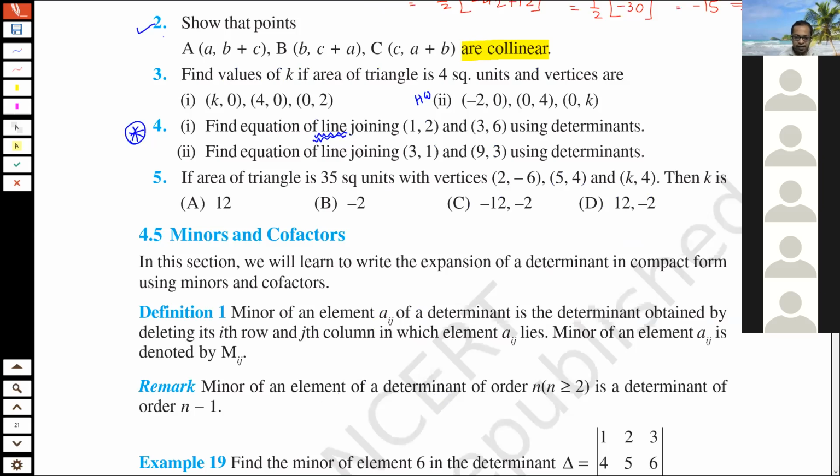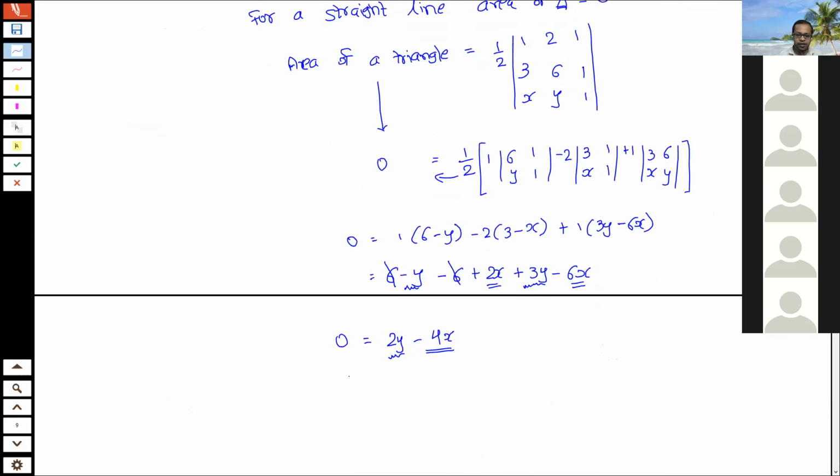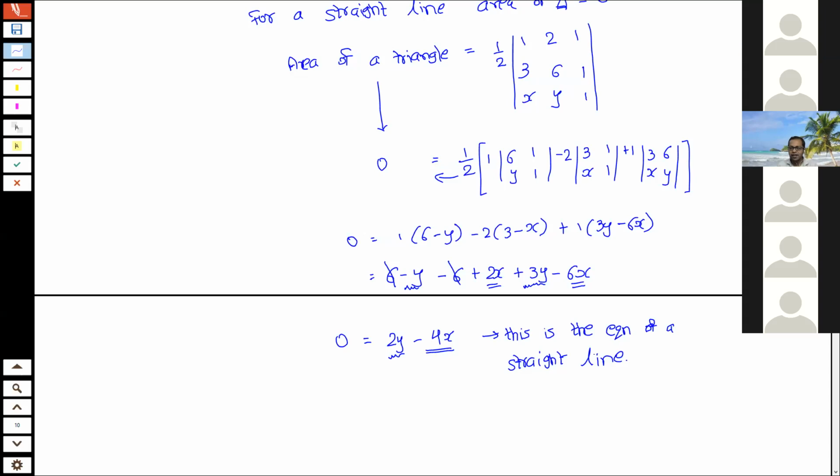Minus 4x. So this is the equation of a straight line. So please see whether you are getting this answer, and raise your hand if you are clear about how to find equation of a line.